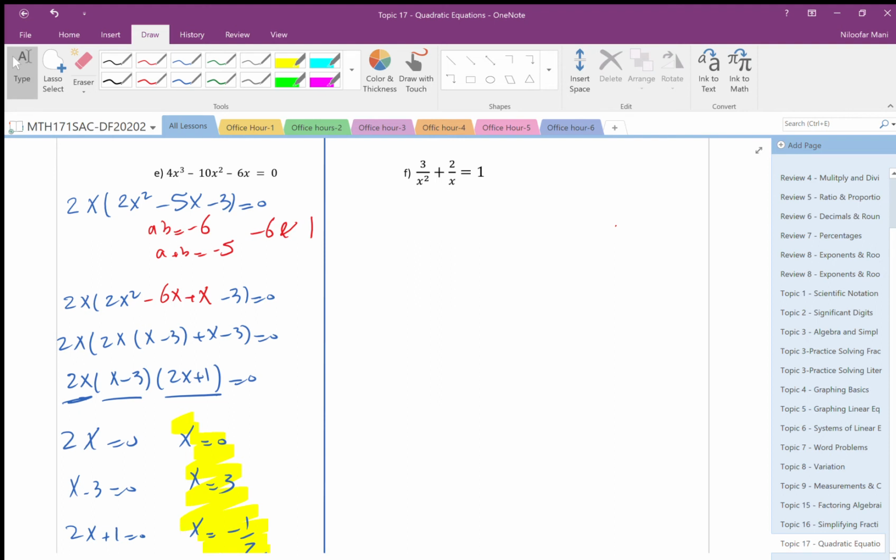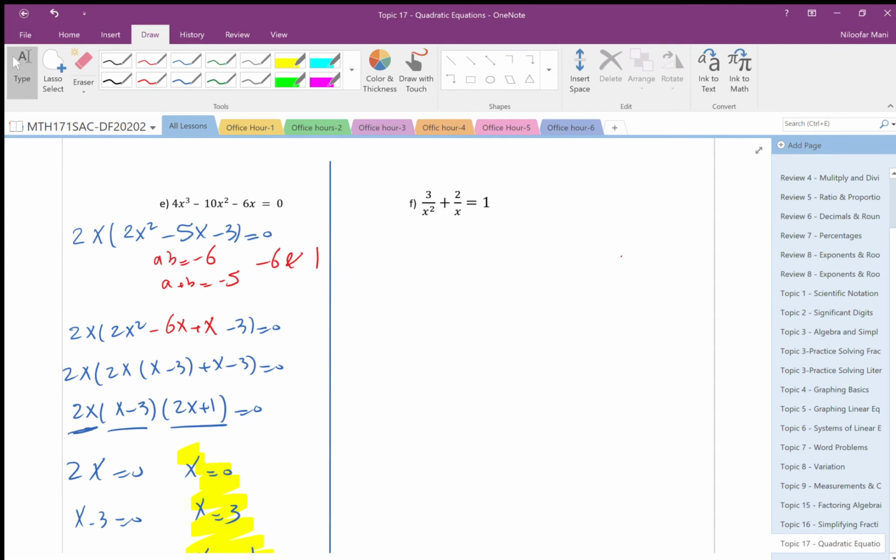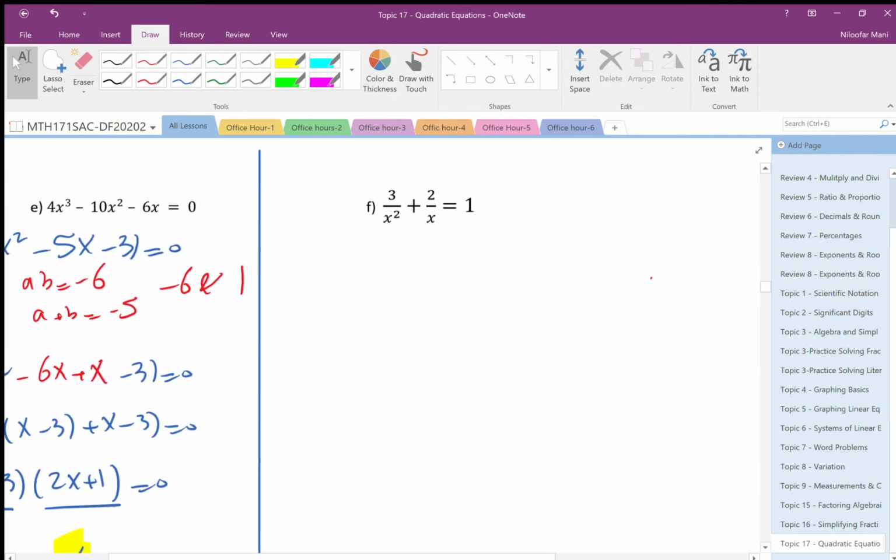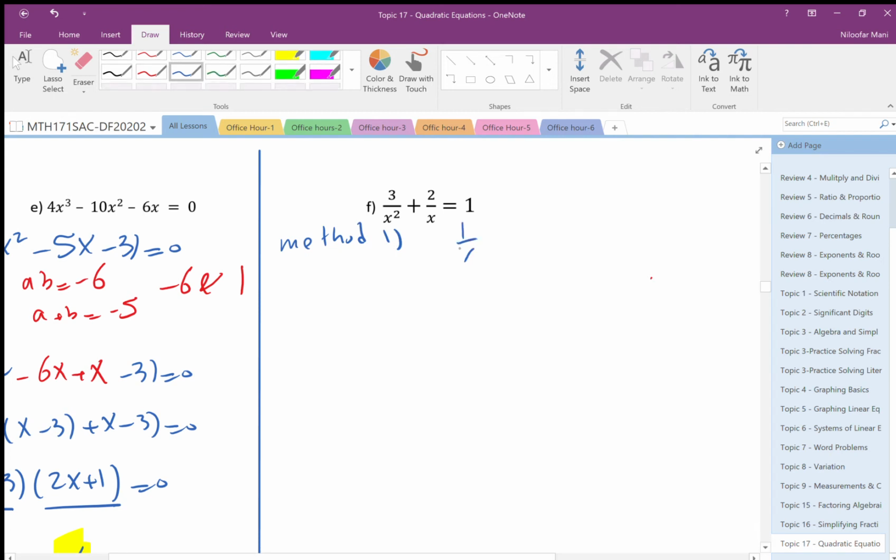So, very well. How about this question? What do you do here? You can have several methods here. First of all, I look at the question and I see, oh my goodness, x squared in the denominator. So method number 1: I say 1 over x is t or w, it doesn't matter.